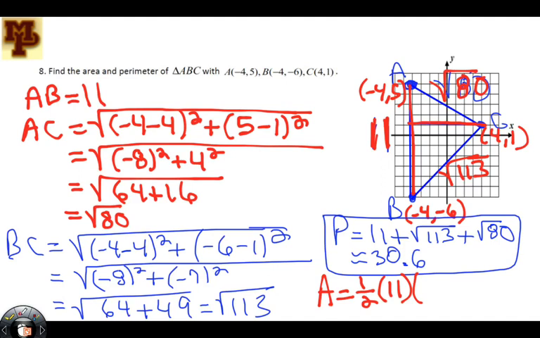So how many units is that? 1, 2, 3, 4, 5, 6, 7, 8. So I'm counting this. This is 8 units from there to there. So that's 8. And then we just multiply all that together. It's 88 divided by 2, so 44. And that's 44 square units.